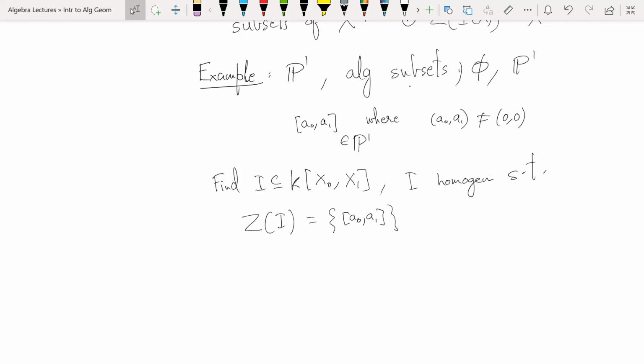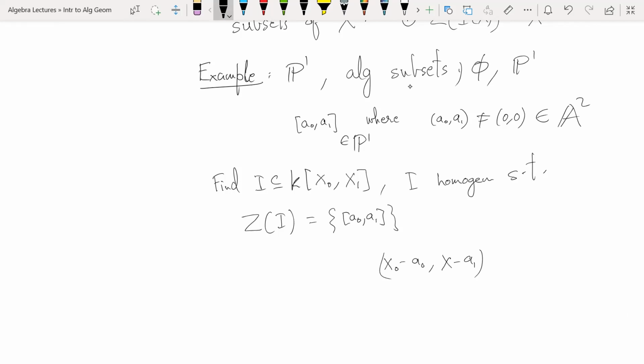So (a naught, a1) is some element of A2, if you think of this as A2. A polynomial which vanishes at (a naught, a1) looks like a combination of x naught minus a naught and x1 minus a1.